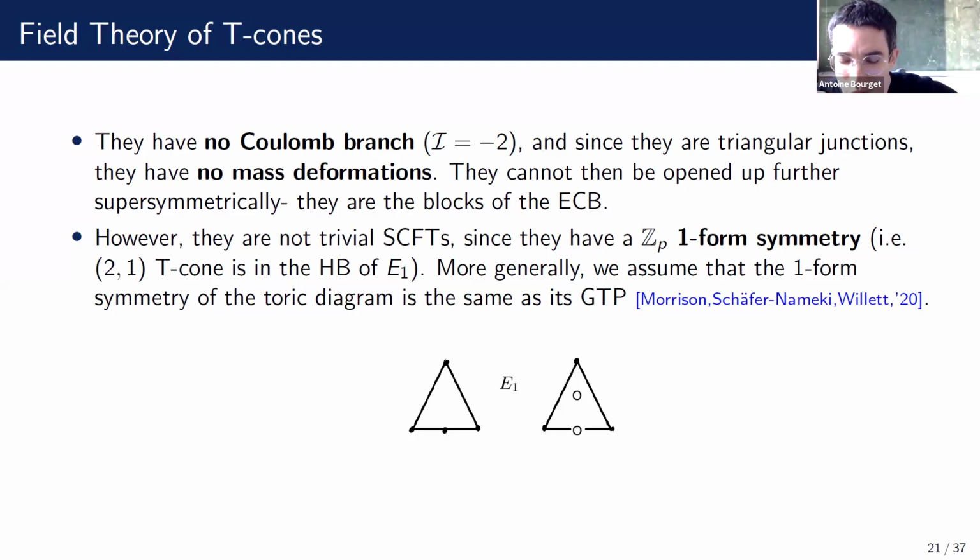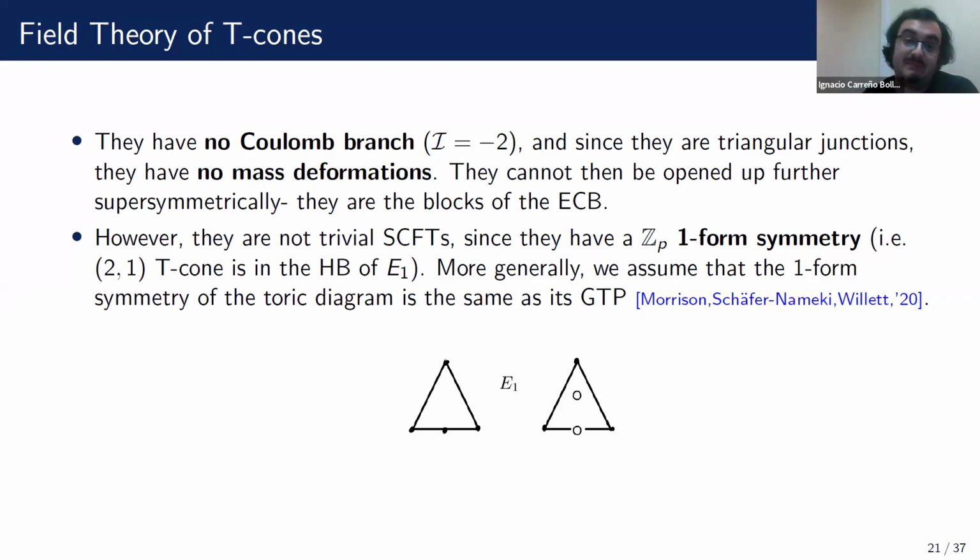Just to continue on this, if you have, for instance, SU(2) with 7 flavors, which realizes the E8 theory, you can obtain a GTP, which is kind of a big box with white dots. Then you would paint all the white dots in black, and then you would have a big one-form symmetry. But do you claim that the E8 theory has this one-form symmetry? Maybe I misunderstood.